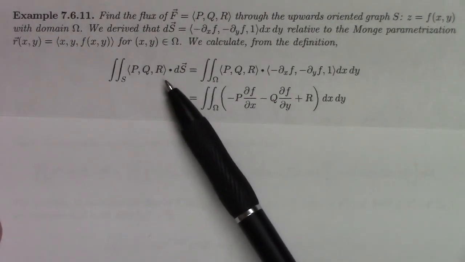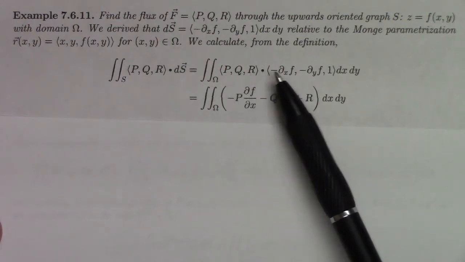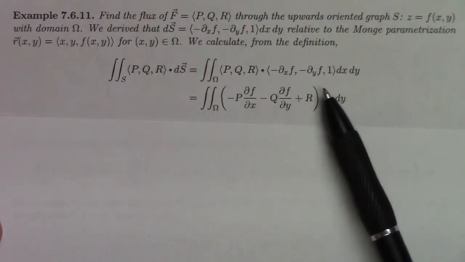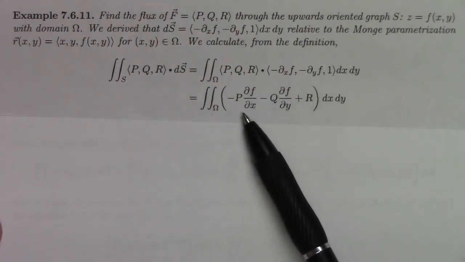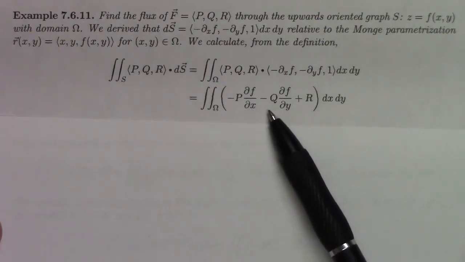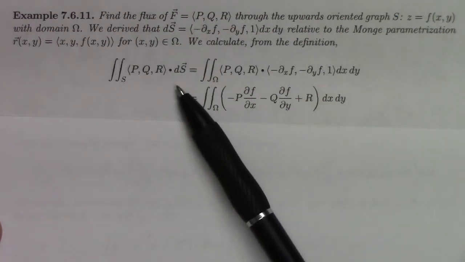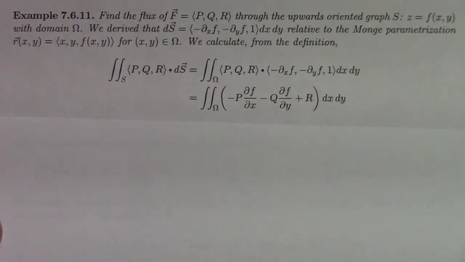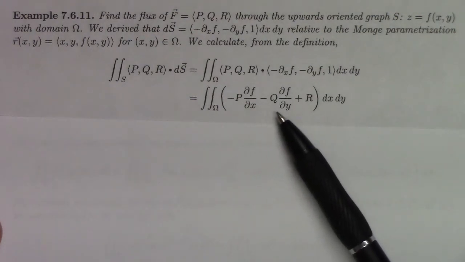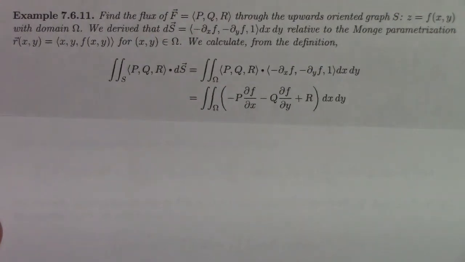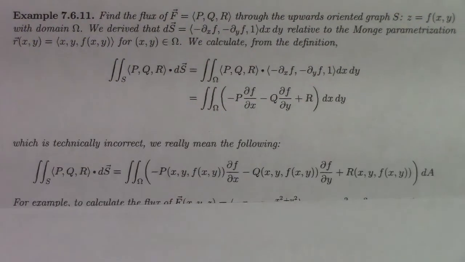And when you have a graph, you end up taking the dot product of this with the normal to the graph, which gives you this combination of terms to integrate: minus P partial f partial x, minus Q partial f partial y, plus R, dx dy. And I think if you just blindly integrate this, you have no idea why this has anything to do with that geometric quantity that I described as flux. And yet that's the starting point in some calculus books.